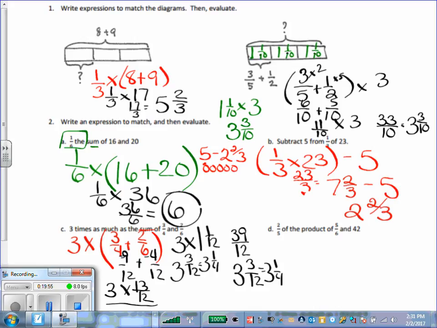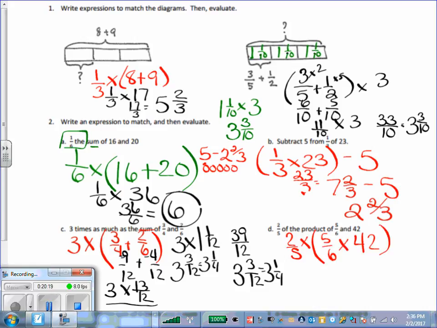So 2/5 of the product of 5, 6, and 42. If you've already worked that one, then you were working when I was talking. Go ahead and write a number sentence for D. Write something, see what you think it is rather than waiting for someone to give it to you.